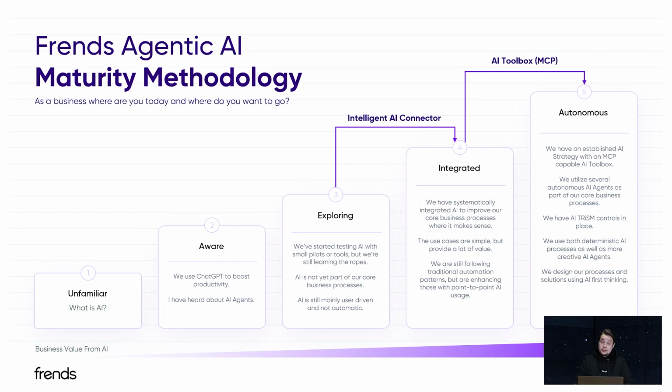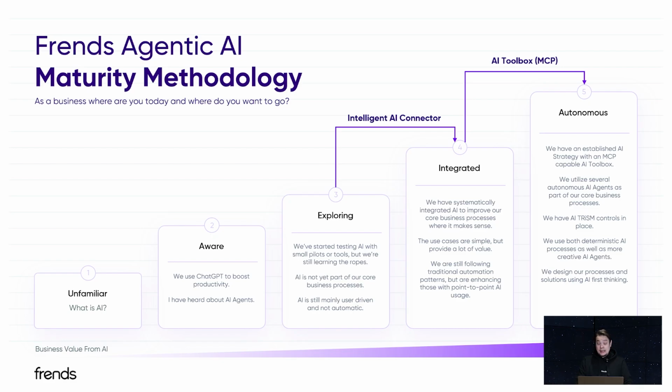So what we're first introducing is a new feature we're calling the Intelligent AI Connector, which is purely aimed at enabling customers to transition from the exploration stage to the integrated stage. In the integrated stage, what you've achieved is the usage of AI in those core business processes, in those business-critical integrations and automations.